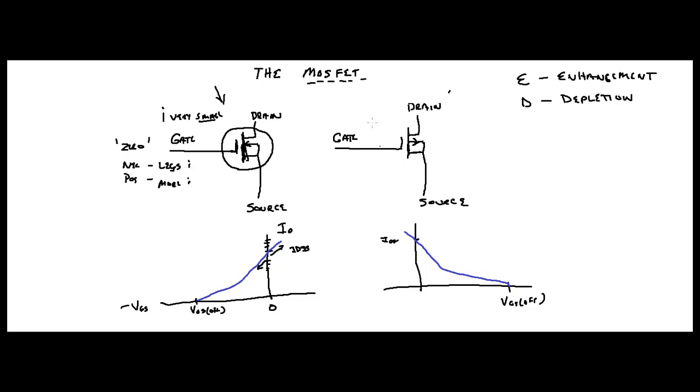It crosses 0. Remember, this is your 0 volts. VGS is 0. So again, it has the same behavior, but this time if you have less VGS voltage, in other words, it's more negative, you're going to get more current because it's on this side. So if you come over here, your current's going to go up. And if you're on this side of it here, your current's going to come down.